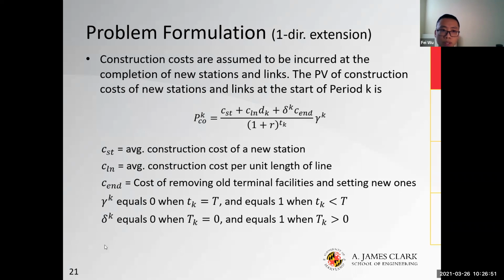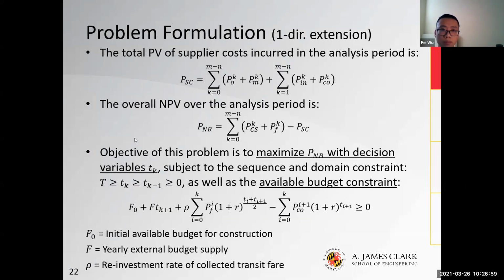We are also using two binary variables for calculating the construction cost.